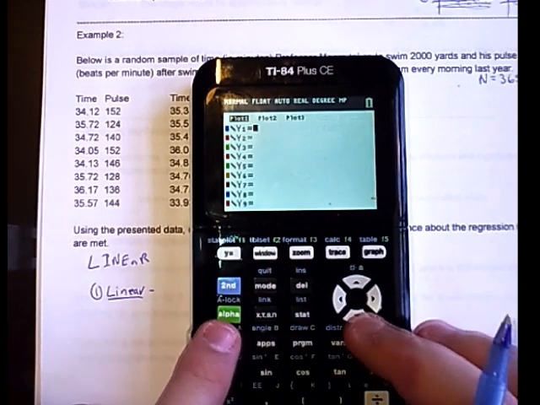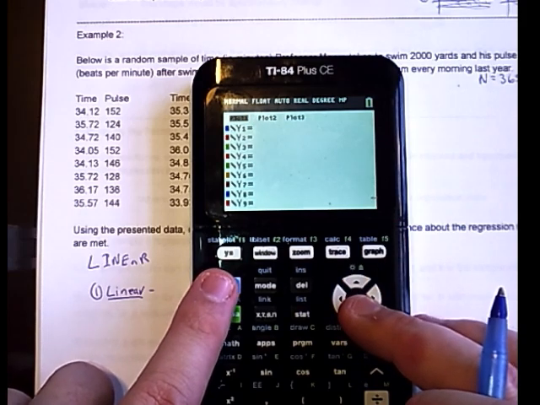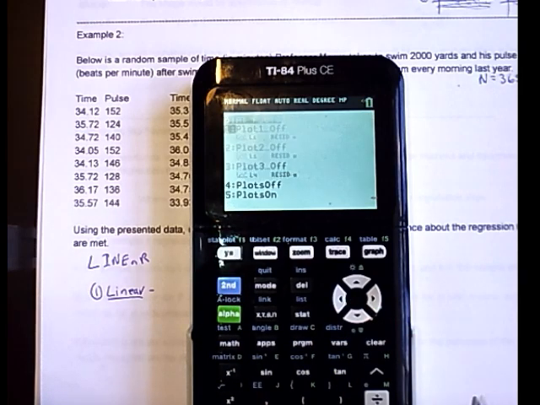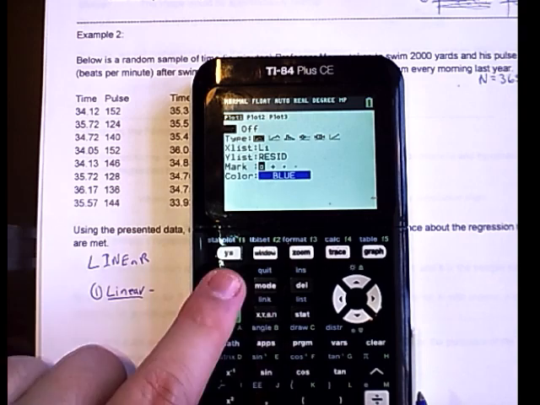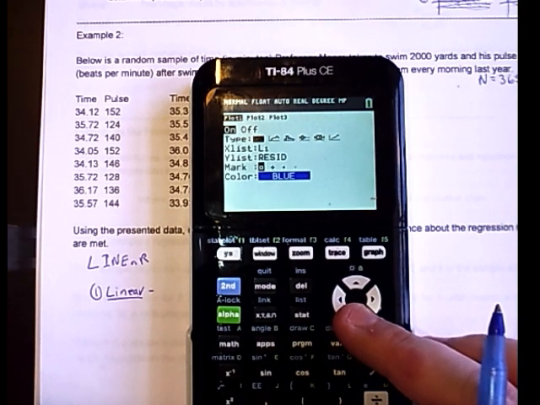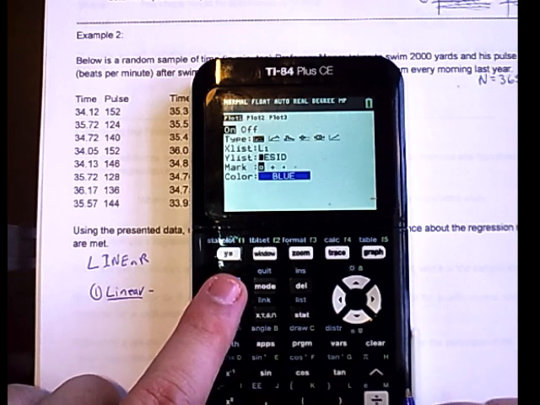So what we can do here, after you put the data into the list, is go into one of your stat plots. The way we get the stat plot is just second y equals. Turn it on, and then choose the first option that looks like a scatter plot. Your X list is L1, and your Y list is L2.